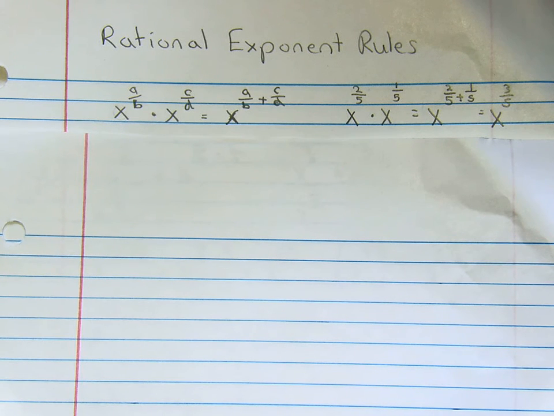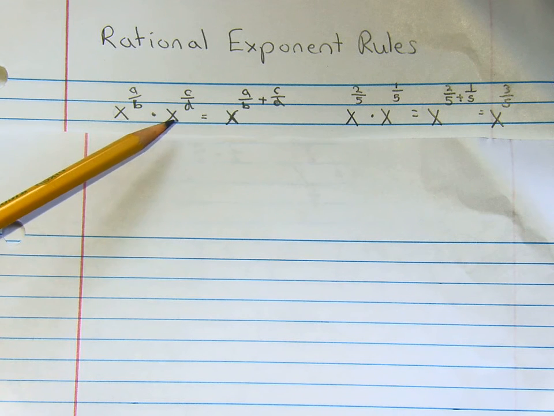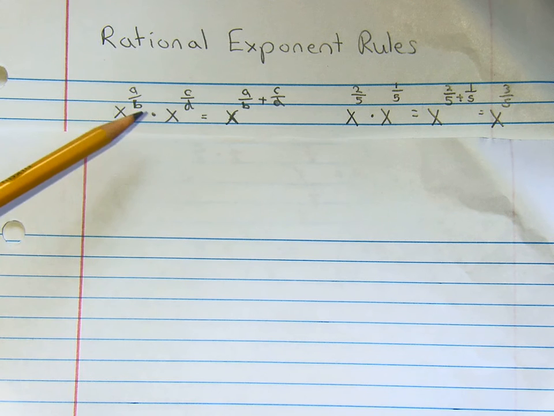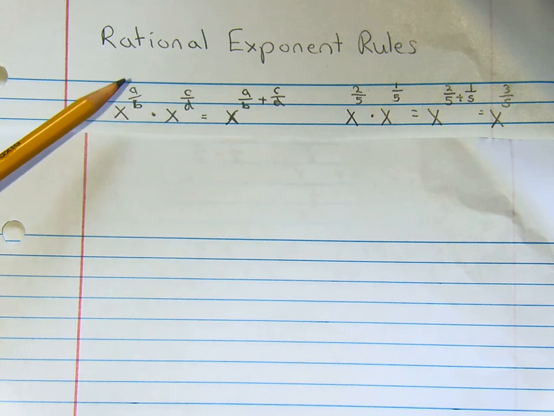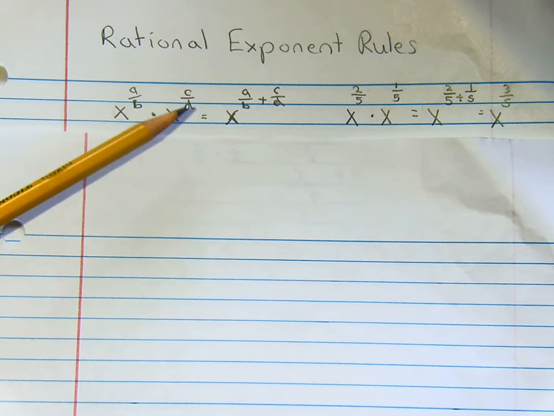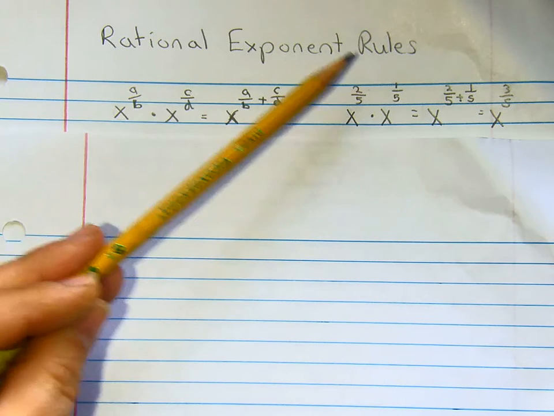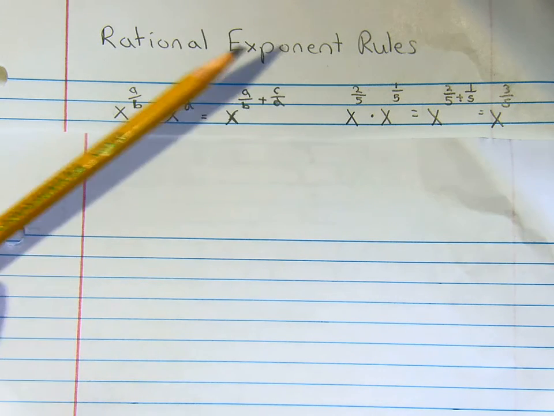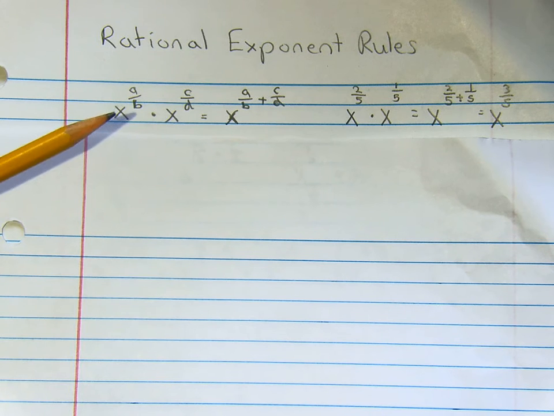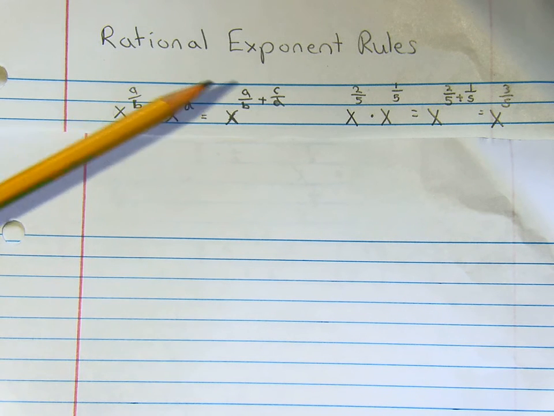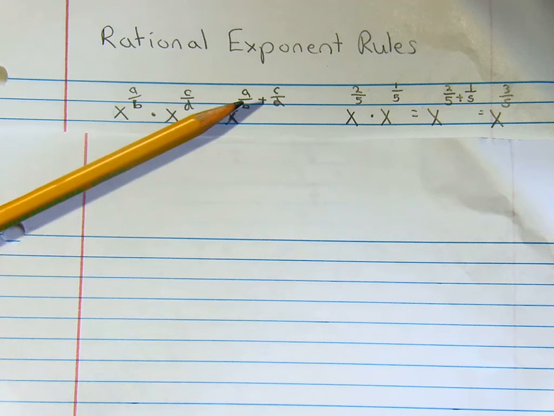So we start off with the basic situation of what if I have a base x and a base x that are being multiplied together, but they have a ratio or a fraction as exponents. And the really cool thing is that the exponent rule doesn't change. Just like if I was to multiply any other common bases, I would end up adding their exponents together.